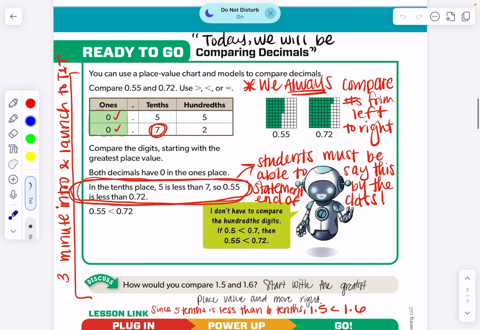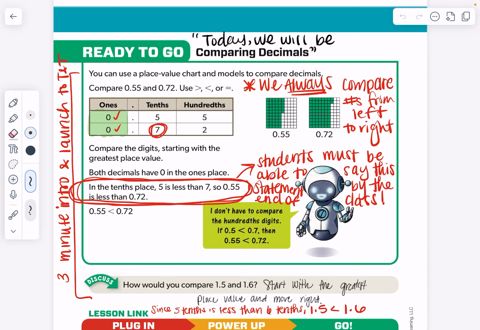So this lesson requires students to anchor themselves in the place value chart. And in your 3-minute intro today, you are going to be showing students how we know which of these two decimals is the larger one.